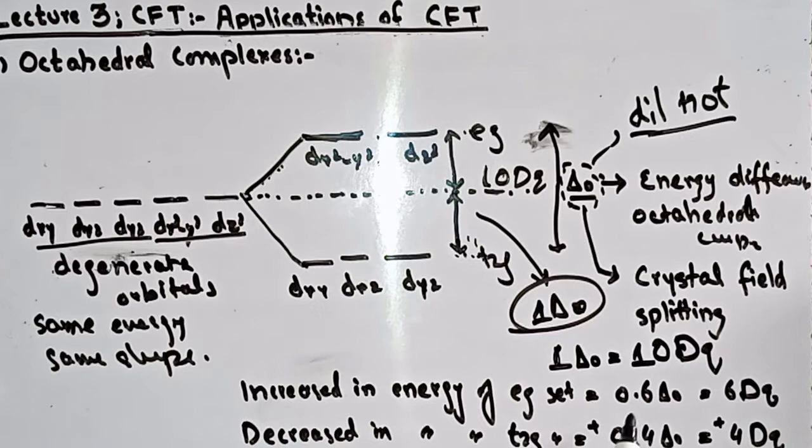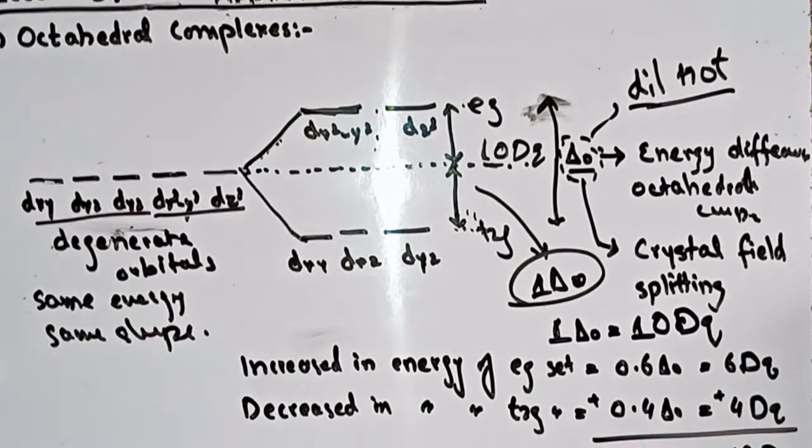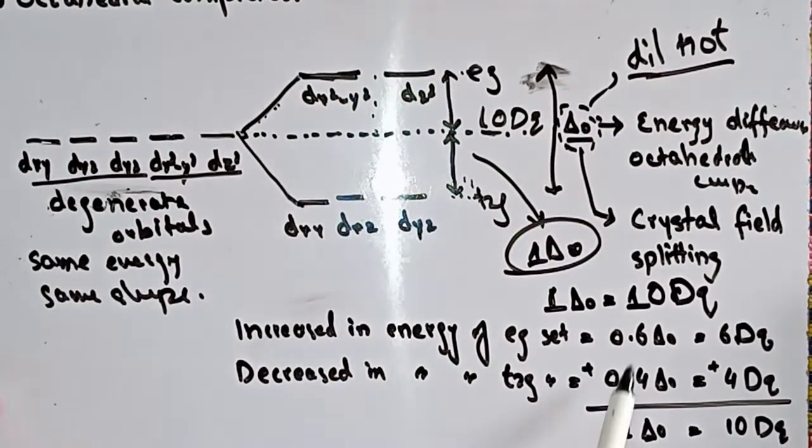So why is the energy of the Eg set increased by 0.6 del naught? When we add these, it becomes 1 del naught. The Eg set is increased by 0.6 del naught and the T2g set is decreased by 0.4 del naught.